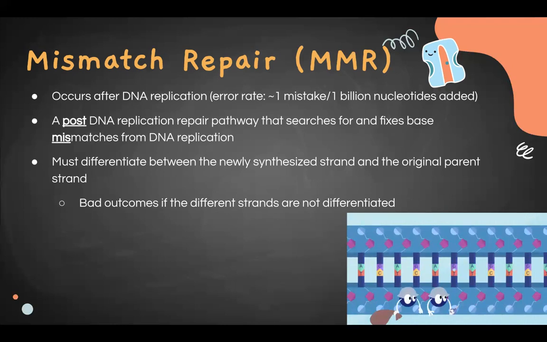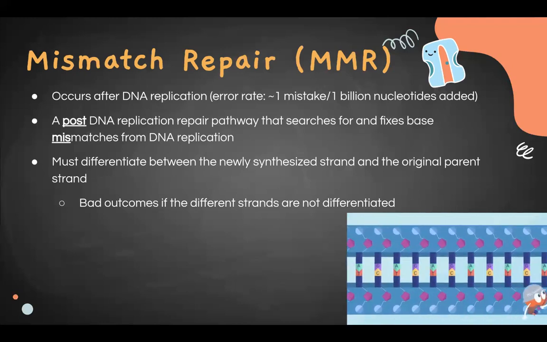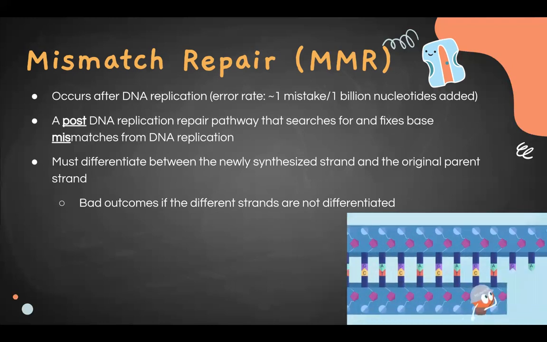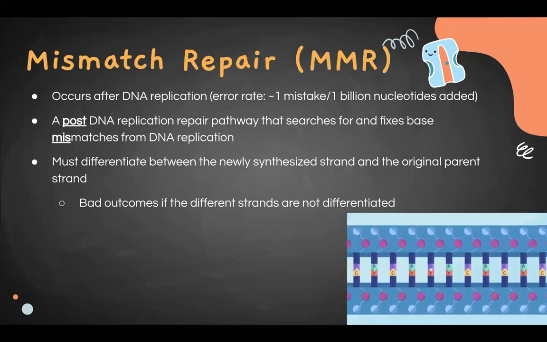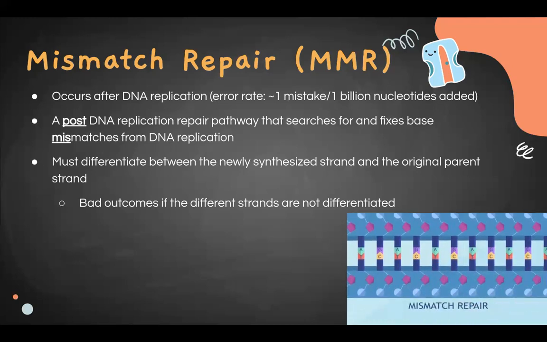So there's mismatch repair, which reduces this rate to about 1 in a billion. So if there's 6 billion, it's only about 6, which is much better. This is done after DNA replication occurs, and it looks for base mismatches that occurred during replication.